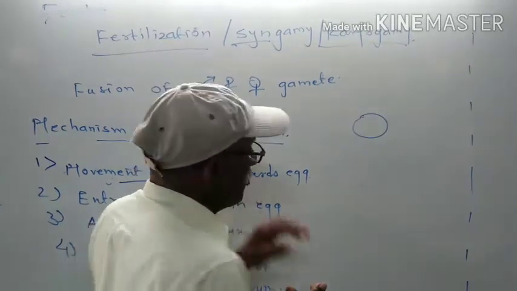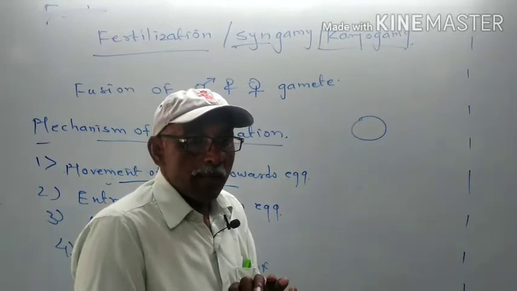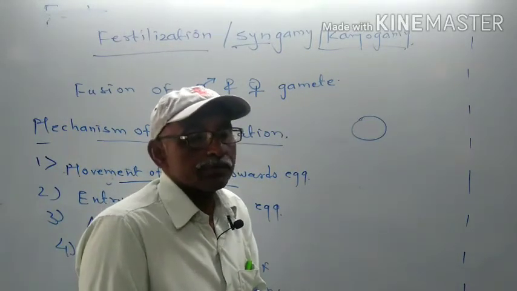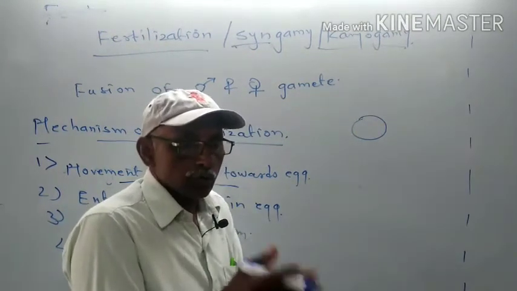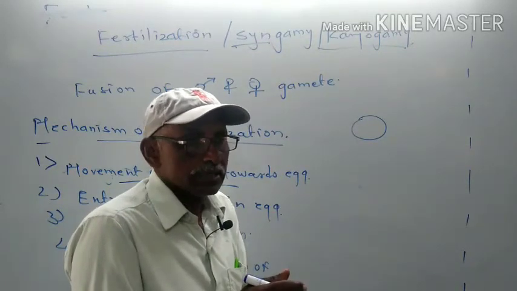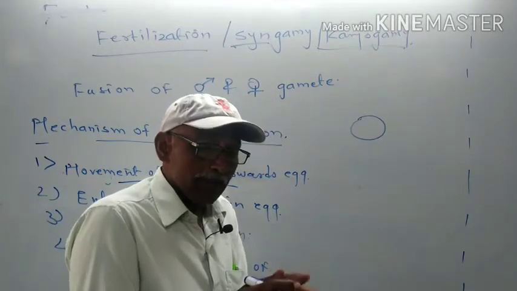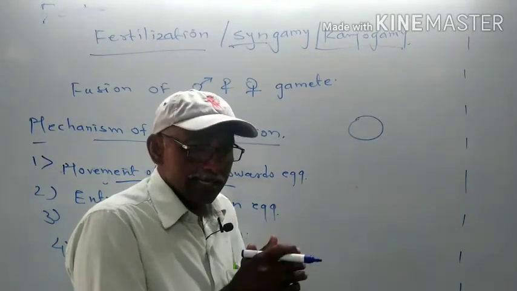This movement is helped by the tail movement, as the tail of the sperm is used for swimming. Other parts also help, for example the uterine cells.